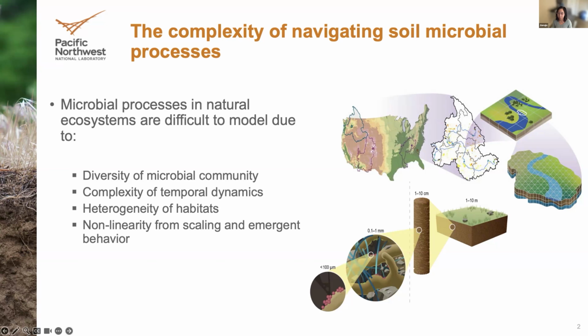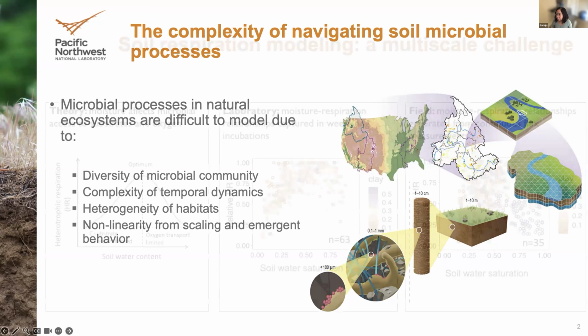That's where we have a lot of upscaling. That's where the processes have non-linearity when we think about upscaling, and there are emergent behaviors where multiple controls are at play when you scale up the understanding, right? So that's my general research interest.